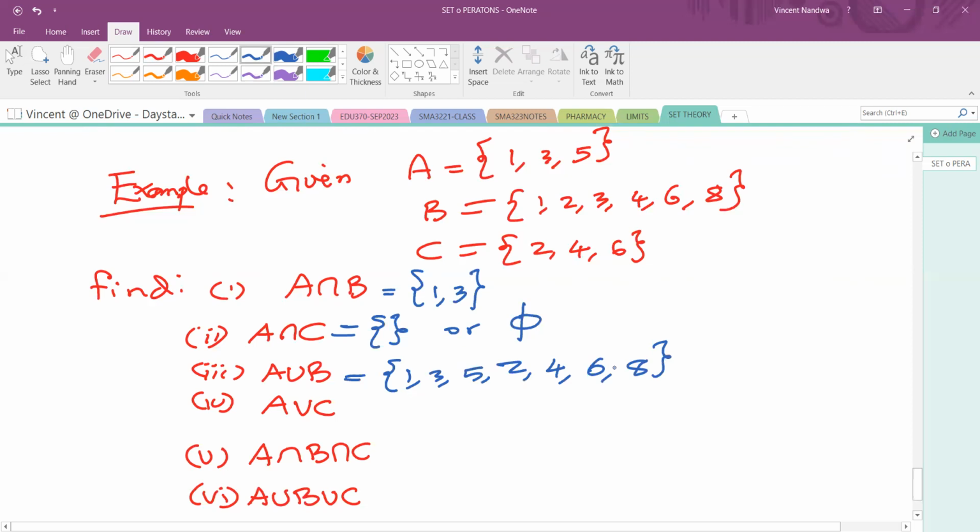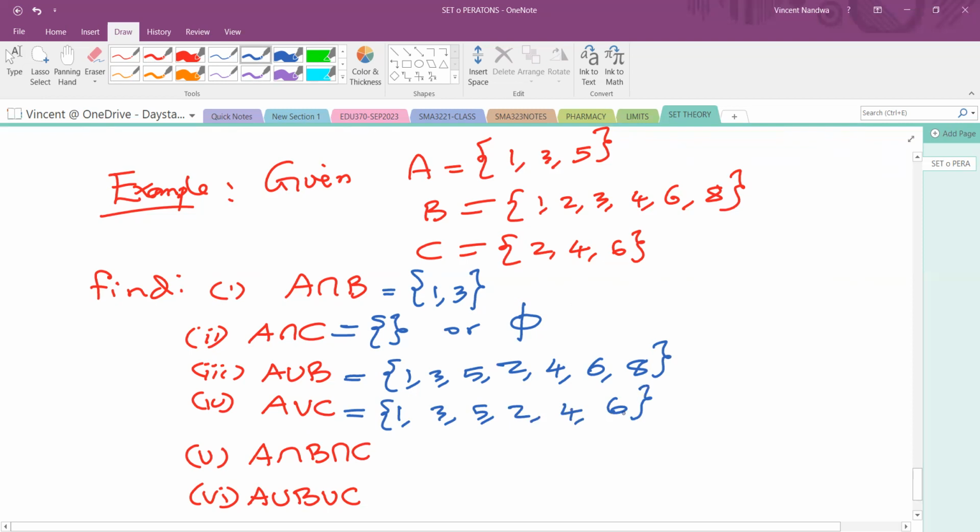Remember, when you are listing elements in a set, order does not matter. So you may rewrite the numbers or leave them the way they are, still fine. A union C, let's write all the elements of A, 1, 3, 5, then join the elements of C, 2, 4, 6.